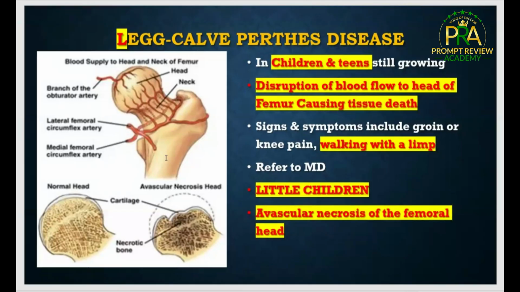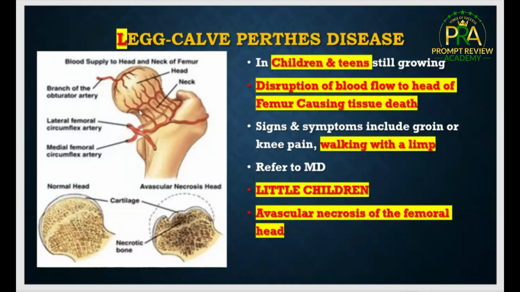What are the major risk factors? People between 4 to 10 years old, and it's more common in boys than girls. The symptoms are a positive Trendelenburg test and limping. How do we make the diagnosis? We can use X-ray, MRI, and physical examination.